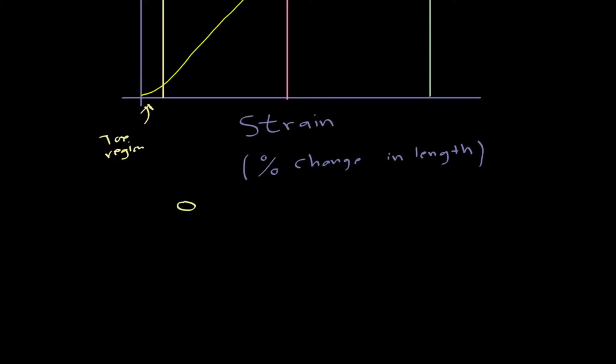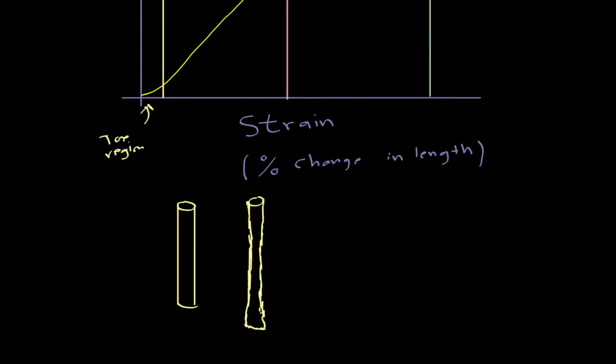tendon, and it's kind of like a big rubber tube. When we start out, it looks like this, and then as we pull on it, what happens is it gets longer. And I'm going to do my best to draw exactly what's actually happening. So it does get stretched out a little bit in the middle, of course.